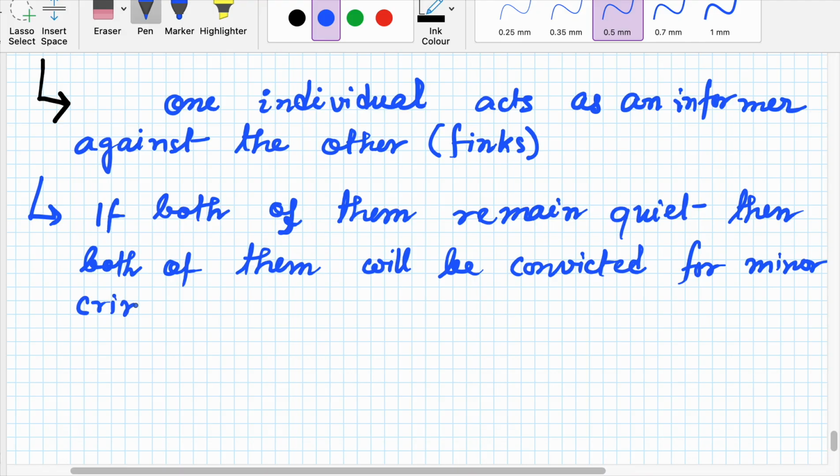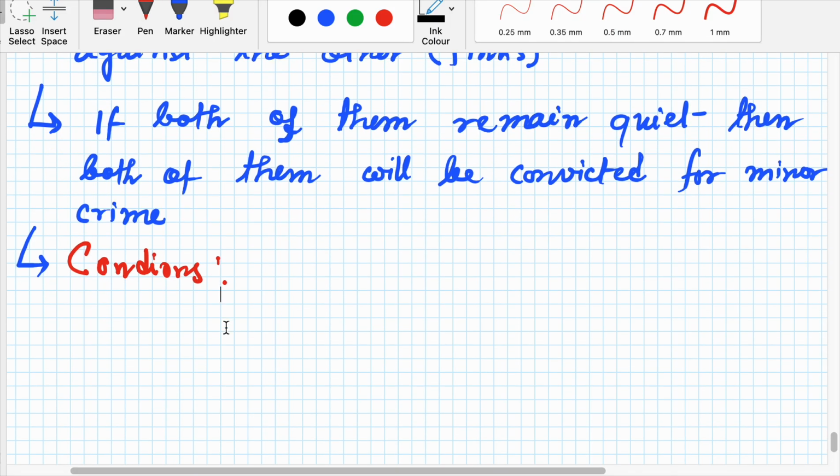But as we are discussing, the police do not want to convict them for the minor crime, they want them to confess to the major crime. So this condition is provided before the two prisoners. So what is the condition?